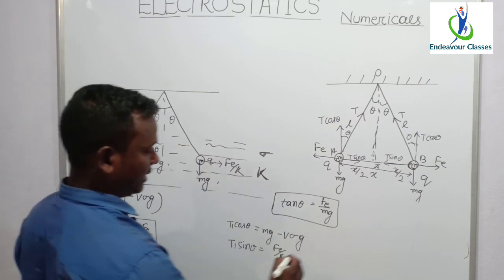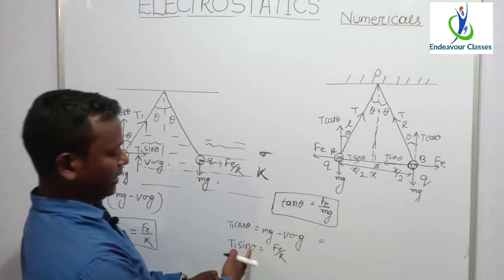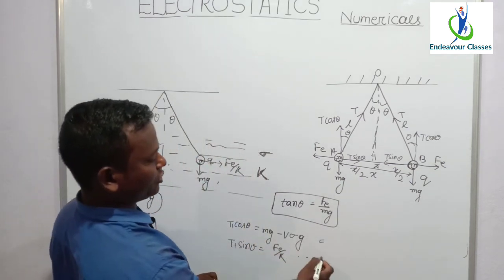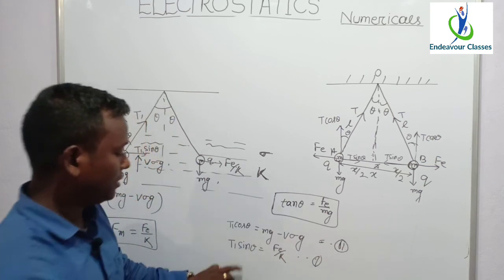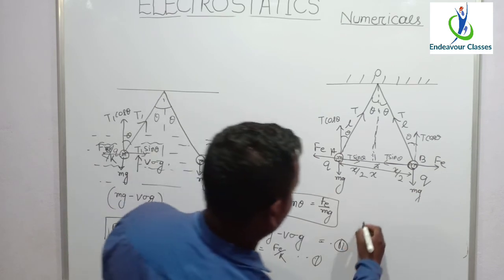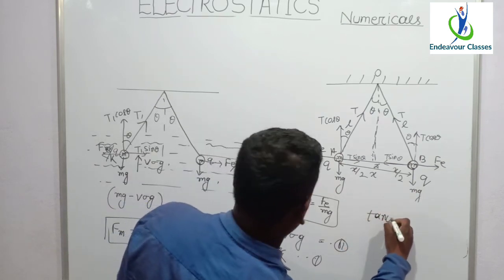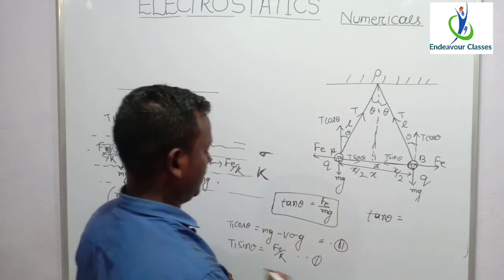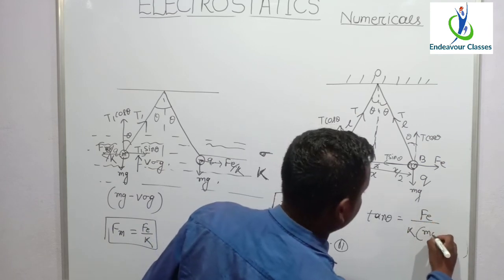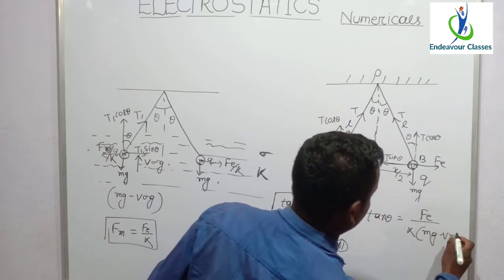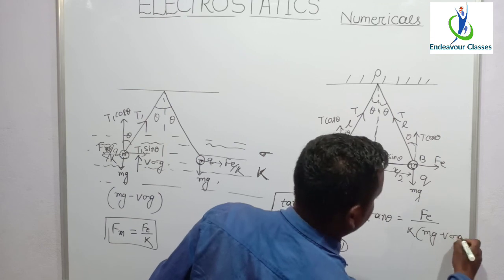Dividing equation 1 by equation 2, you will get tan theta equal to Fe divided by k times mg minus V sigma g.